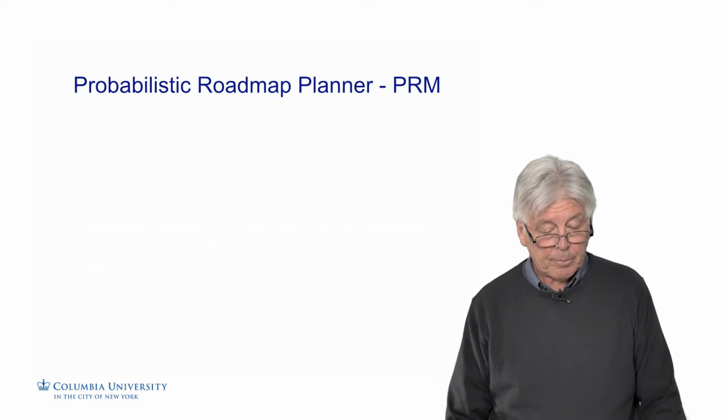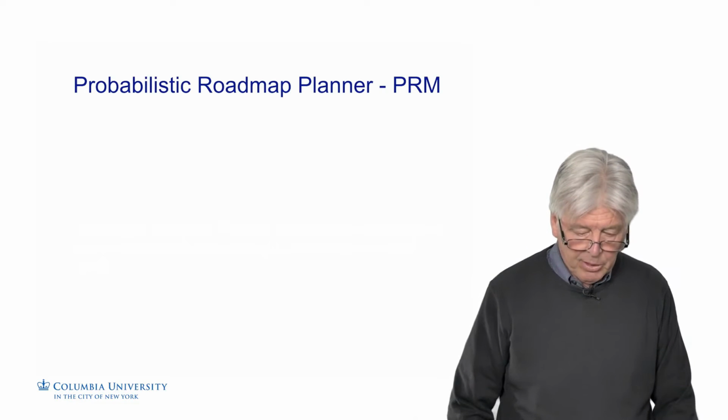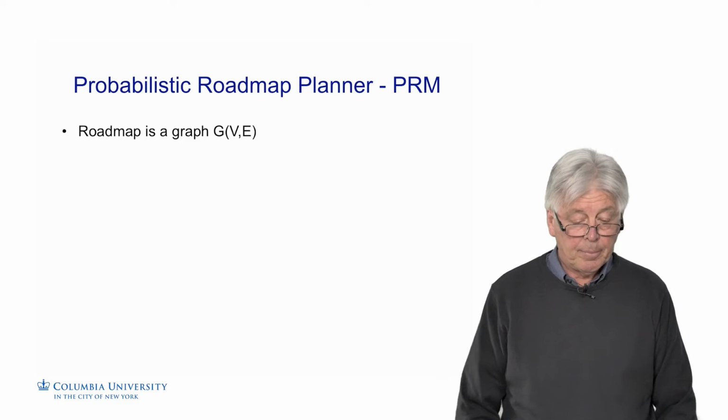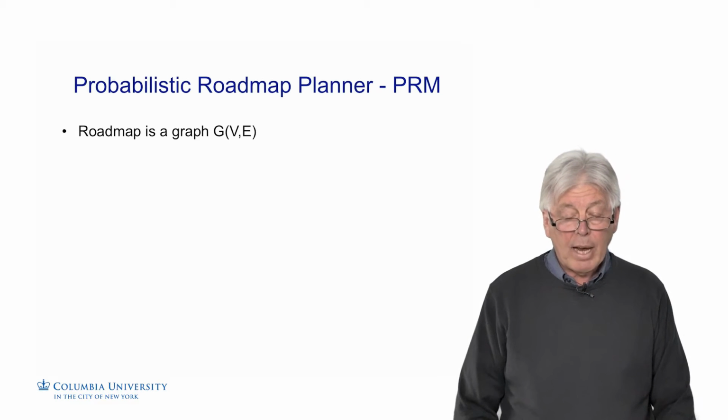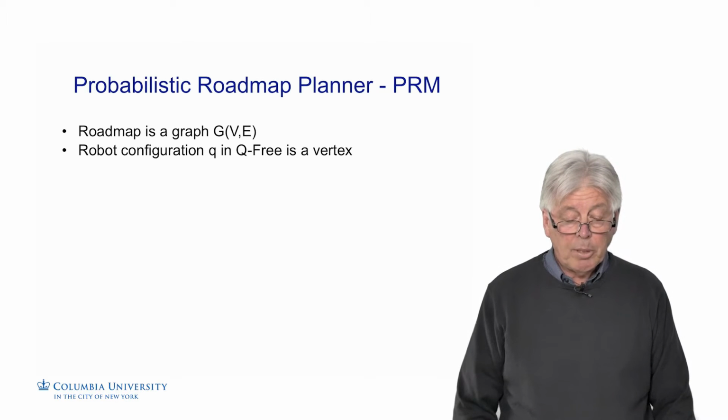So let's take a look at the first of these probabilistic planners, which is called a PRM, the probabilistic roadmap planner. So the roadmap is a graph G with vertices and edges. A robot configuration, we'll call it Q, in Q free, which is the same as the C space free, is a vertex.